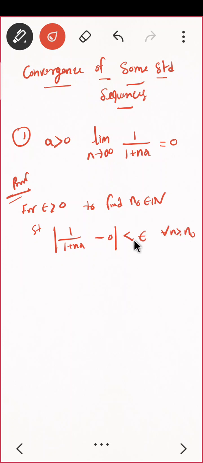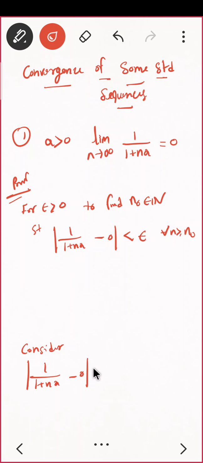So this is what I want to get. Now let us put some space here and start. Consider mod of 1 upon 1 plus n minus 0. That was the trick, to keep some space here.